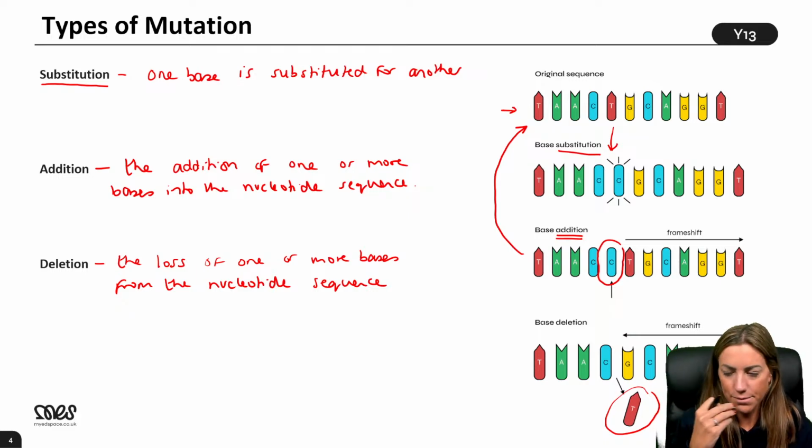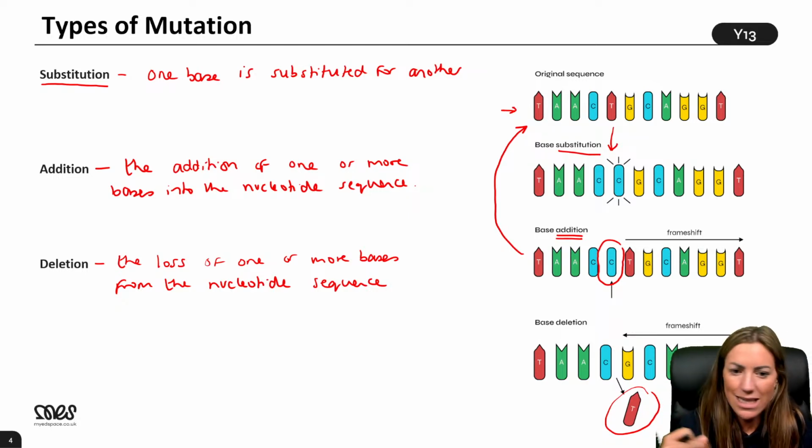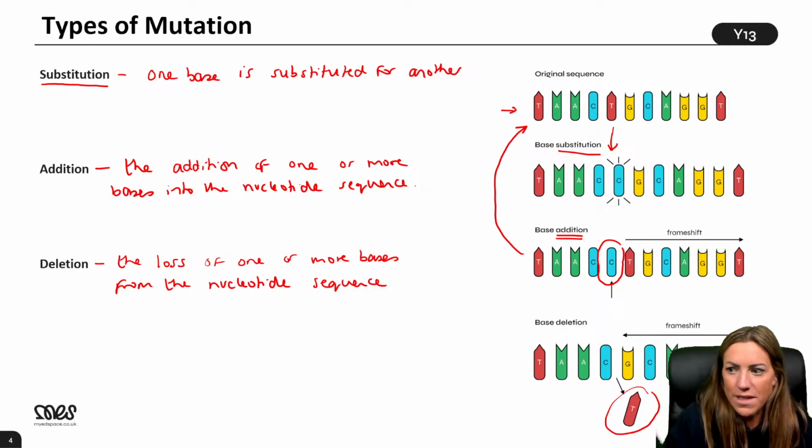Okay, perfect. So basically, it's not worked as it should, right? The nucleotides have not been joined in the correct order, or a nucleotide's been joined when it shouldn't have been joined, or a nucleotide's been missed out. So yeah, something's gone wrong with DNA replication, okay? So these are the most three basic types of mutation.